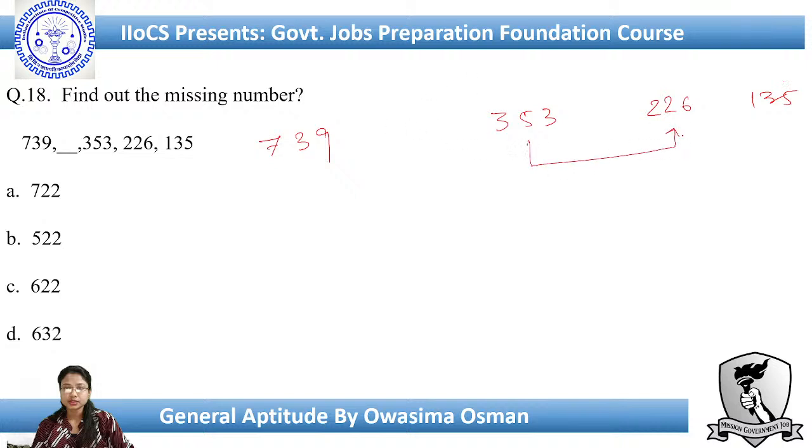So here we can see that if we subtract 226 from 353, it will be 127, and 135 is less than 226 by 91.